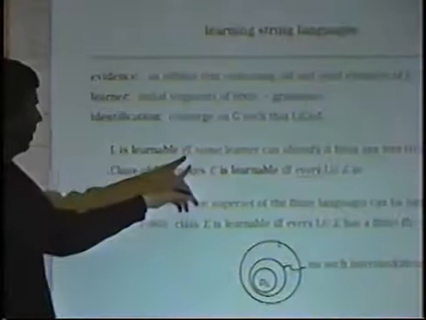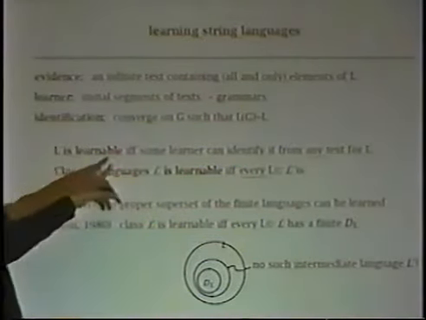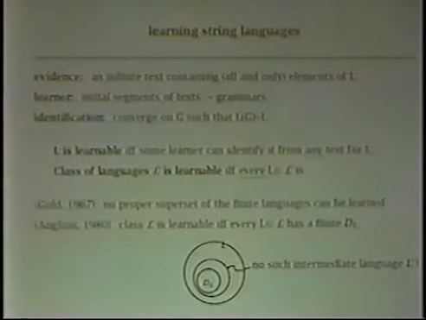We'll call a language learnable if there is some learner, a learner being just a function of this kind, that can identify that language from any text for the language.